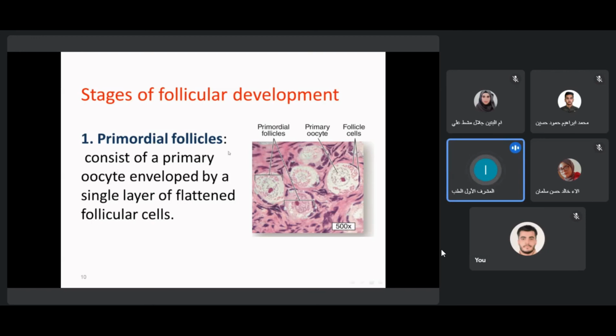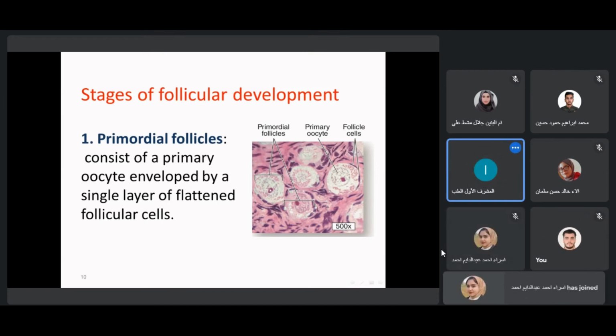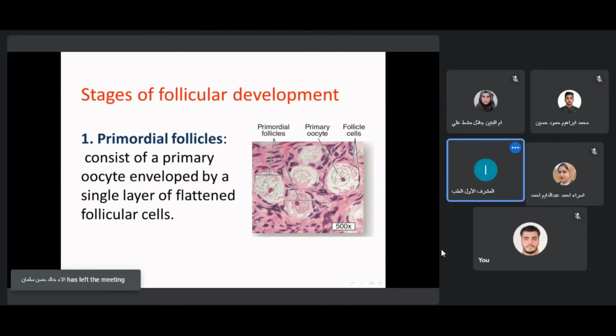This is the appearance of the primordial follicles, which consist of a primary oocyte that is arrested at the first meiotic division, enveloped by these cells. The follicular cells, the supportive cells, are a single layer of flat follicular cells containing the primary oocyte.